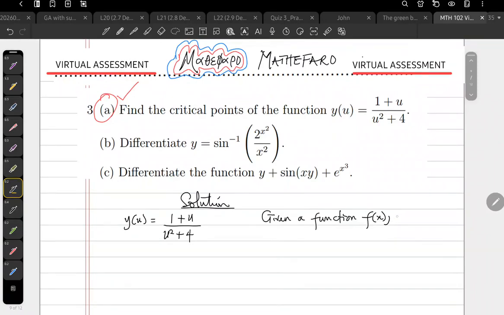So first and foremost, what do we mean by critical points of a function?